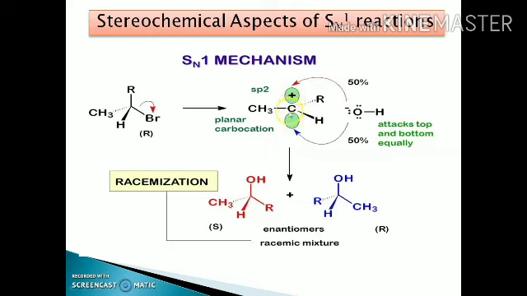If the carbocation is on one plane, there are equal chances of attack by the nucleophile on both sides. The nucleophile can attack on this side or on this side. It means it will form 50-50% of the dextrorotatory and the levorotatory. It means during the SN1 mechanism, racemic mixtures are formed.